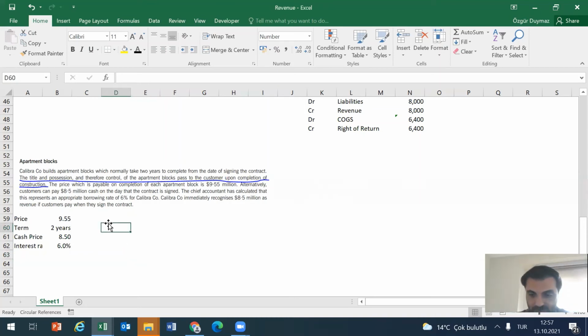Okay, and it means the initial recognition made by Calibre as revenue of 8.5 million was wrong. It might just be a liability.